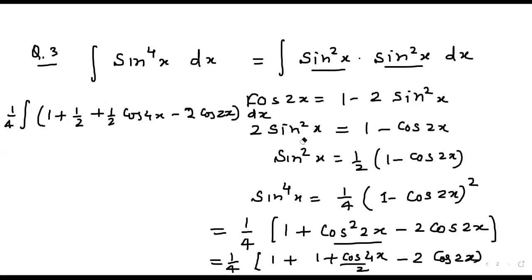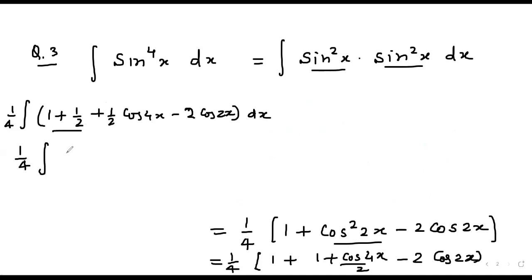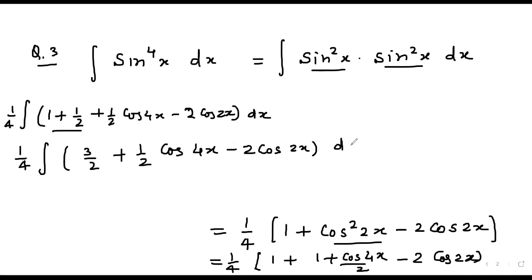Now I'm erasing these things. So first term will become 3 by 2. So 1 by 4 integration 3 by 2 plus 1 by 2 cos 4x minus 2 cos 2x dx.